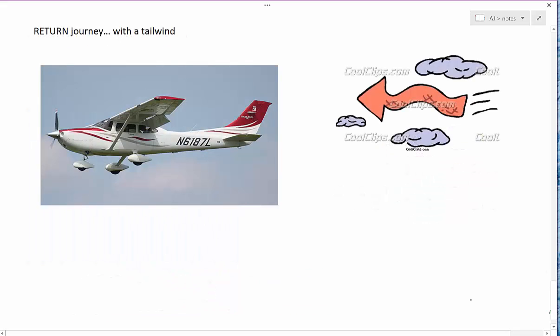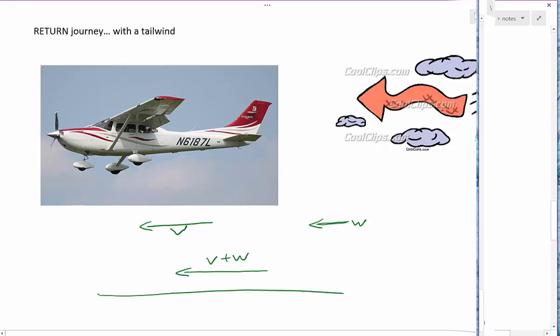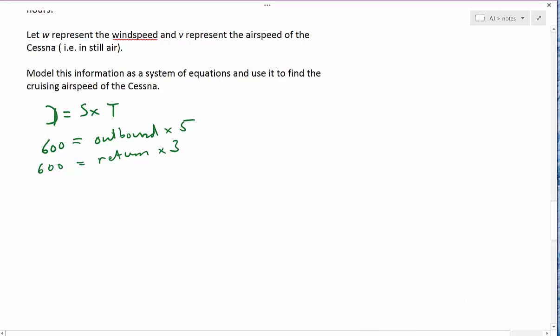Whereas on its return journey, it is flying at a speed of v, and it is being pushed by the tailwind of w. Therefore, its effective speed over the ground is v plus w. So the outbound speed was v minus w, and the return speed was v plus w.